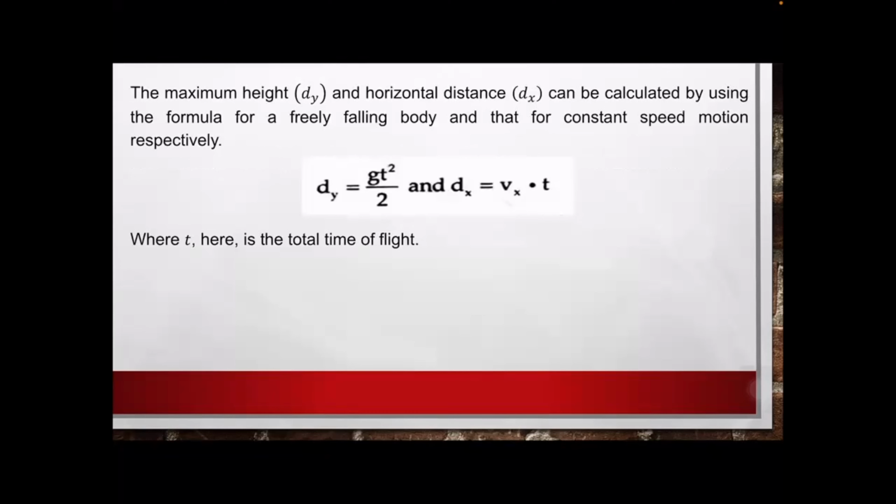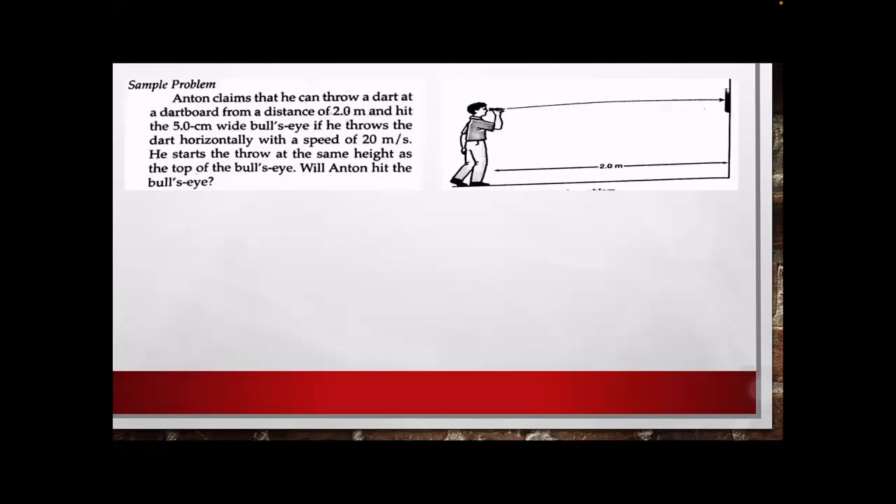And your d sub x, that is v sub x times t. Ano po yung formula? Sulat po. Kasi gamitin na siya mamaya. Okay, so where t is the total time of flight, as I said. So, yun pa. Example natin, we have here.